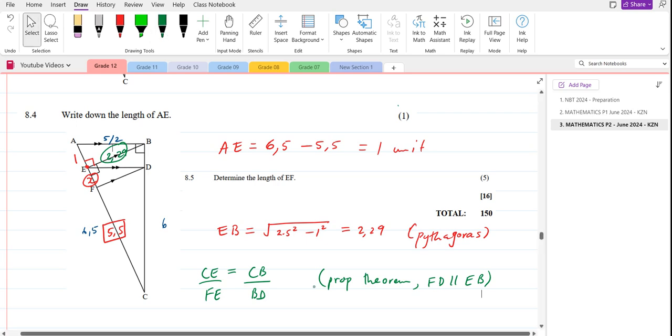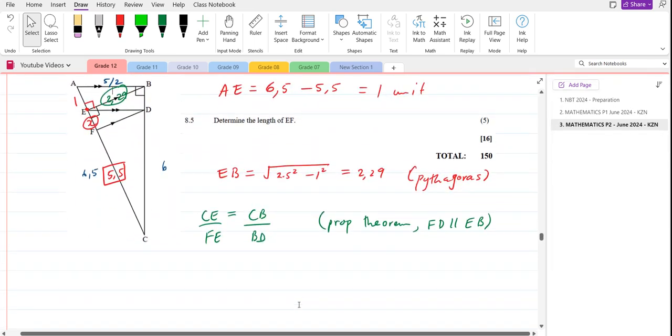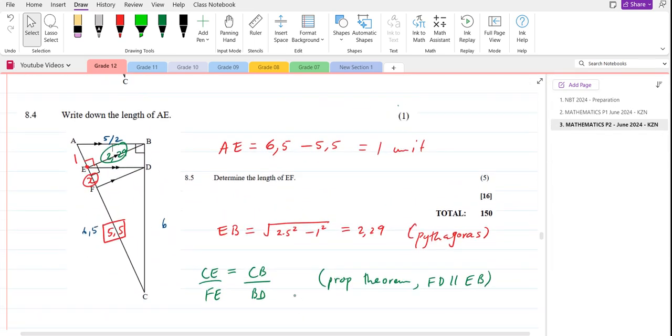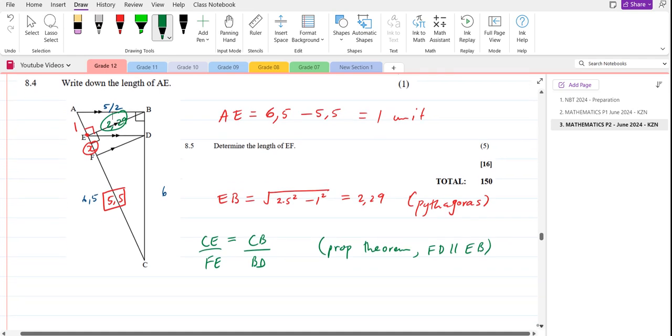So now we have FE over here, and we can fill in all this information. CE. What was CE? CE was 5.5, right? FE is what we need to solve for. BC. Where's BC? BC is 6, and BD is unknown again.